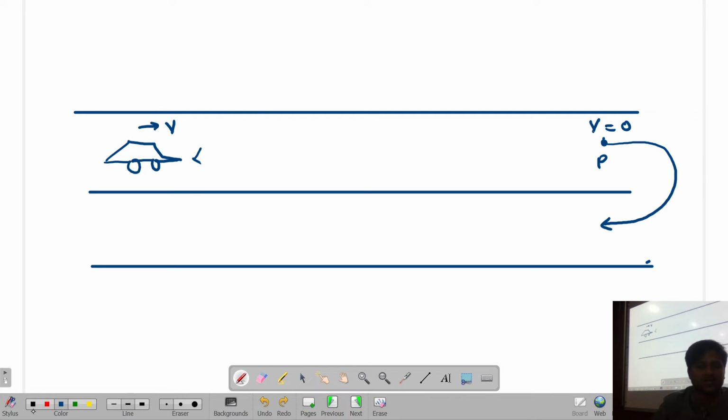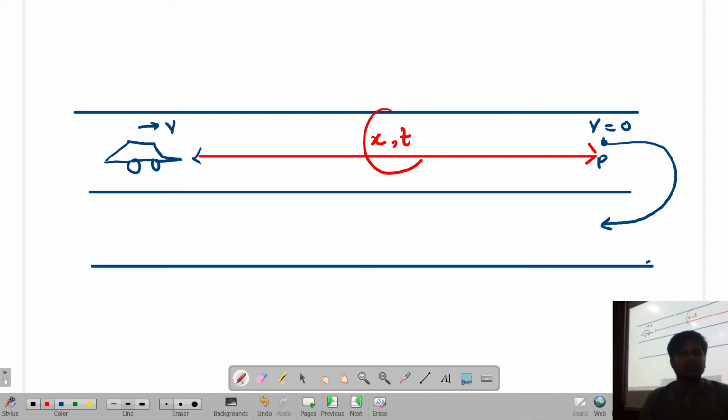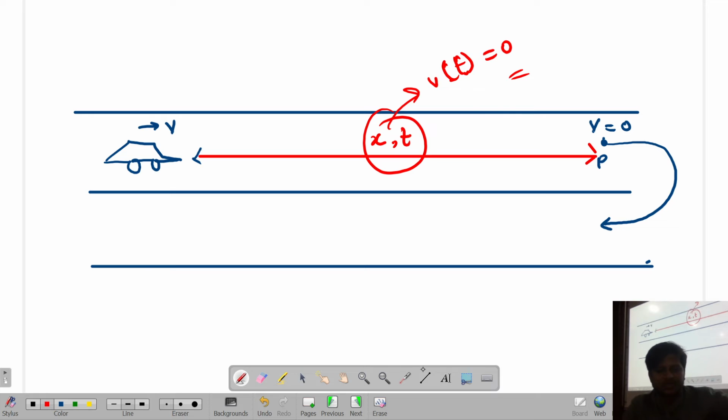So the particle needs to travel some distance d or distance x in some time t. We can calculate this by finding the velocity equation dependent upon time, putting it equal to 0, getting the time, and then calculating the displacement of the particle.